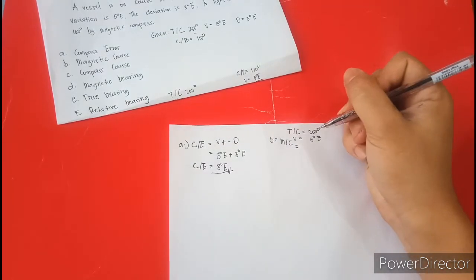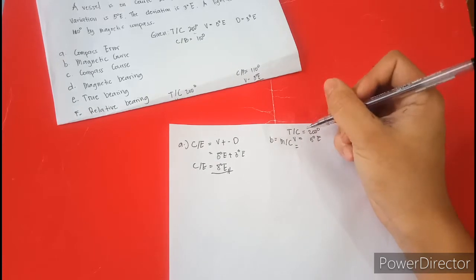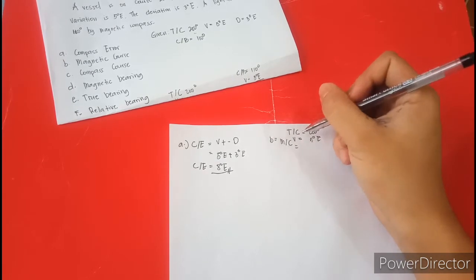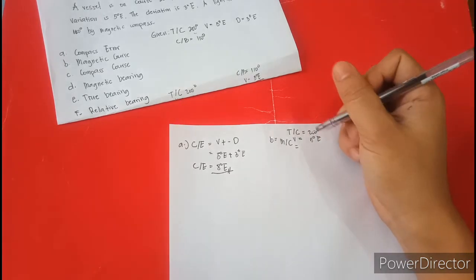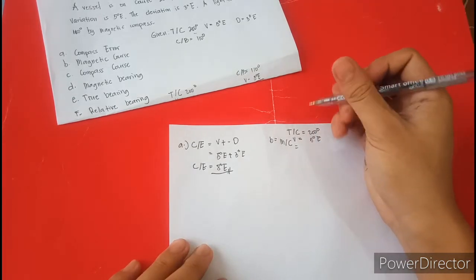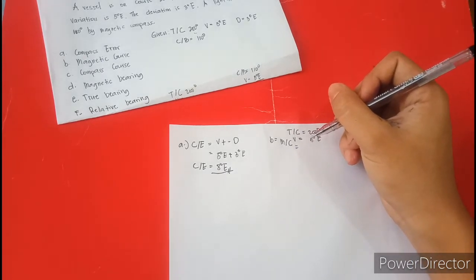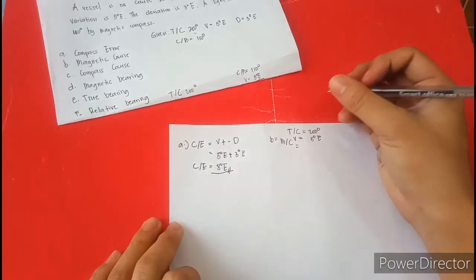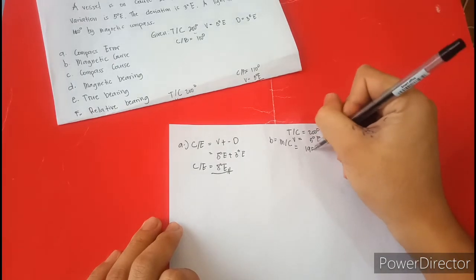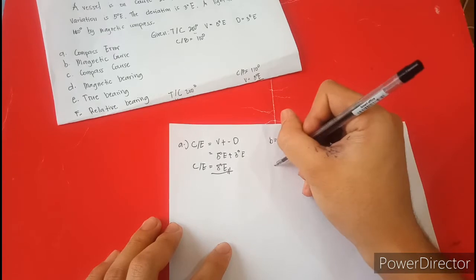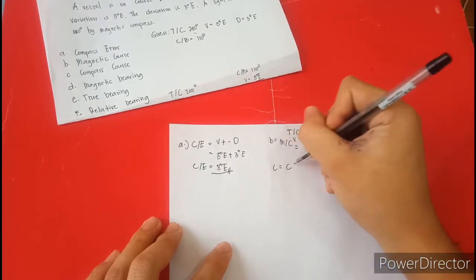Here, we subtract them since we're solving from the true course to compass course. We subtract the east and add the west. Therefore, the magnetic course is 195 degrees.